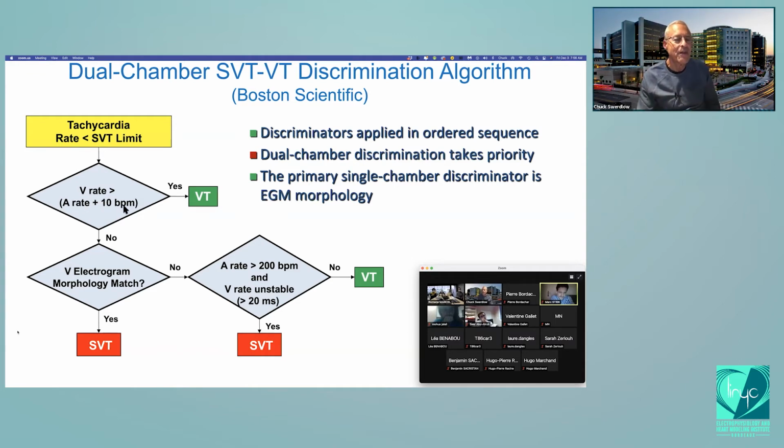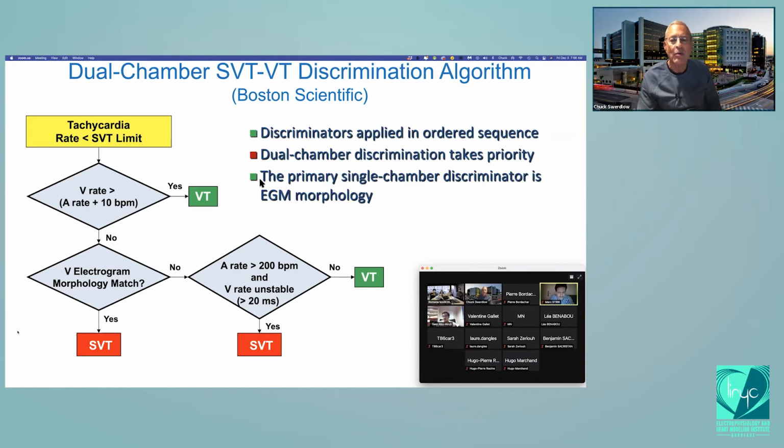And so they've put in a little fudge factor. Every company has some version of this fudge factor, and it can lead to some pretty confusing cases on this boundary. But we're just going to say ventricular rate greater than atrial rate.